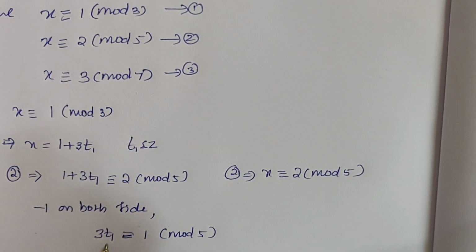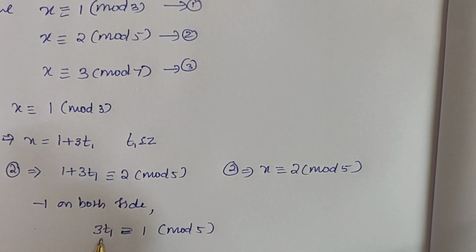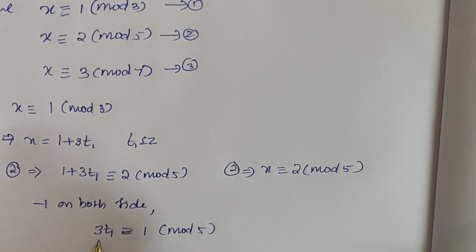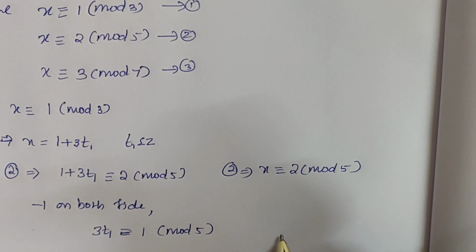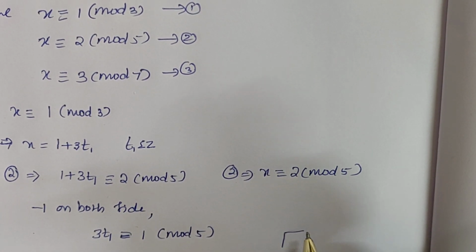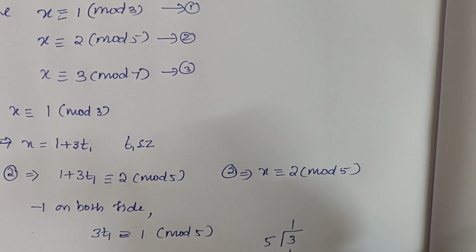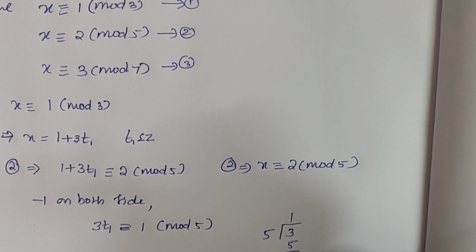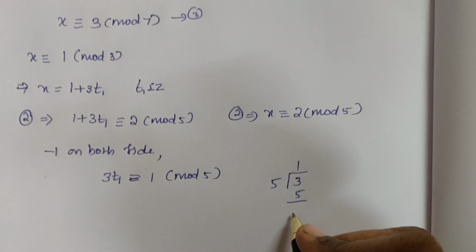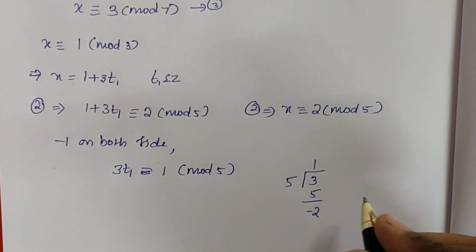We want the coefficient of t1 to be 1, but here I have 3. To reduce 3, I divide 3 by 5 and get the remainder minus 2.